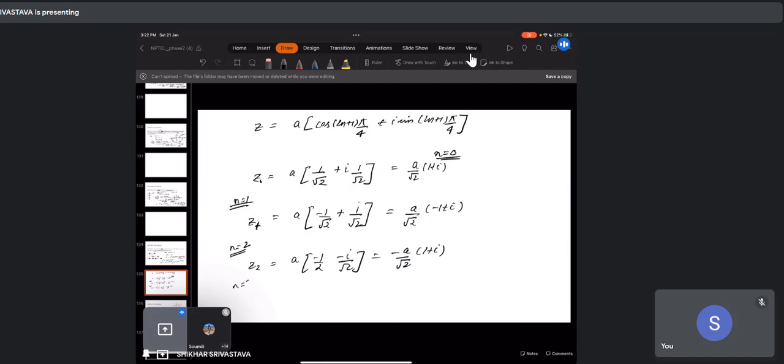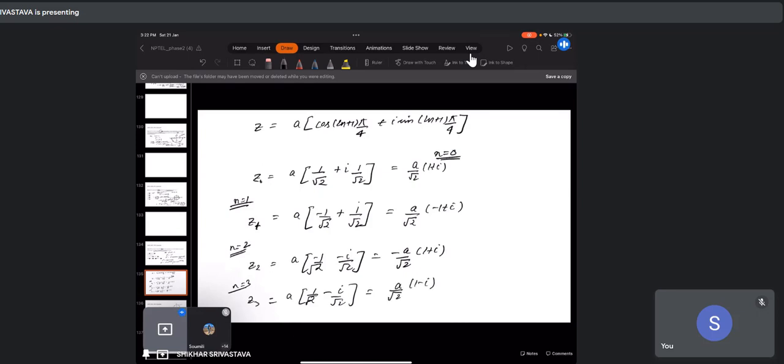And for n equal to 3, 2 times 3 is 6 plus 1, so 7 pi by 4. 7 pi by 4 gives 1 by root 2 minus i by root 2, so it will be a by root 2 times (1 minus i).